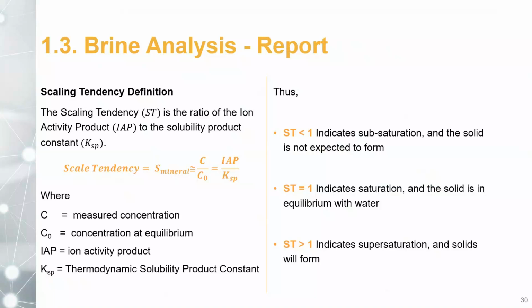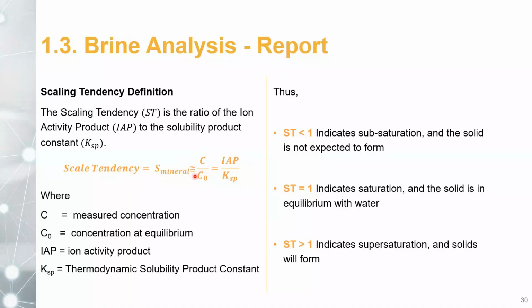Okay, so scaling tendency is calculated as the ratio of the ion activity product divided by the solubility constant KSP. You can also call this saturation ratio, okay? Because you compare the concentration of the ions in solution to the concentration of the ions when in equilibrium, okay?